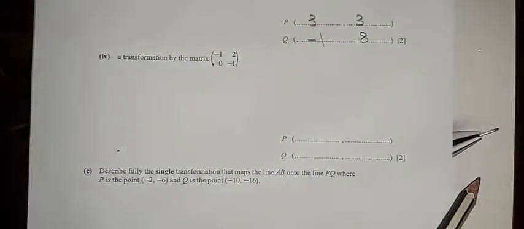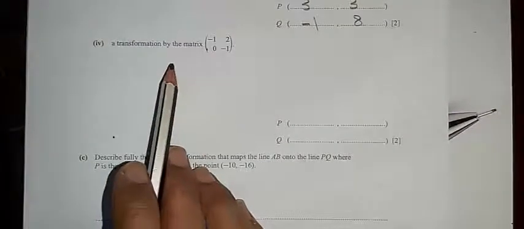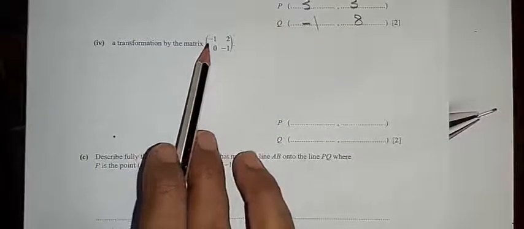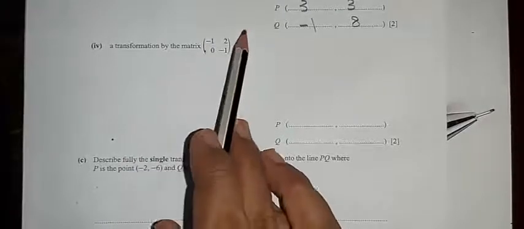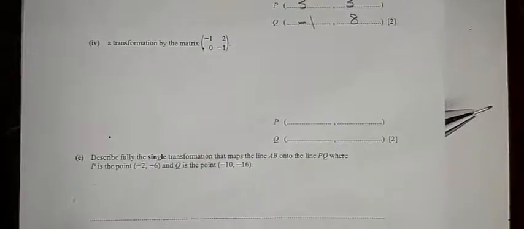Okay, here in this last part, a transformation by the matrix -1, 2, 0, -1.